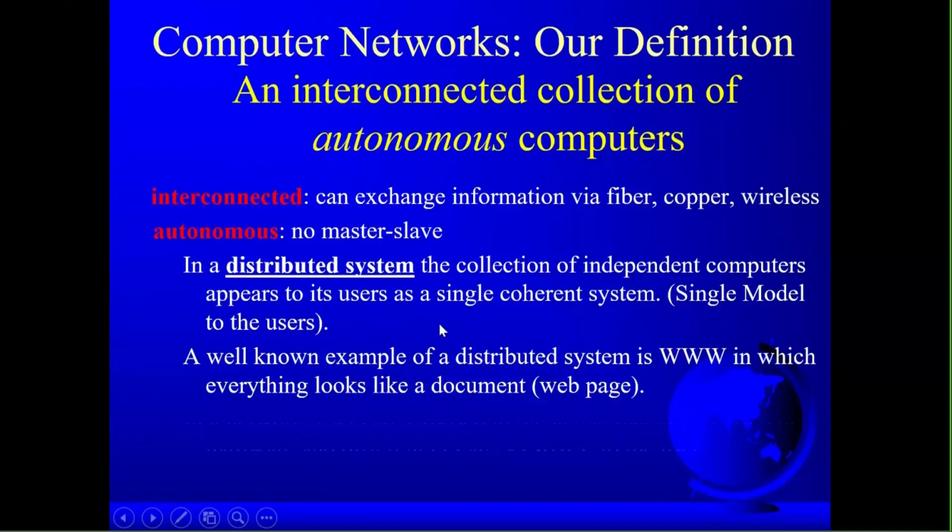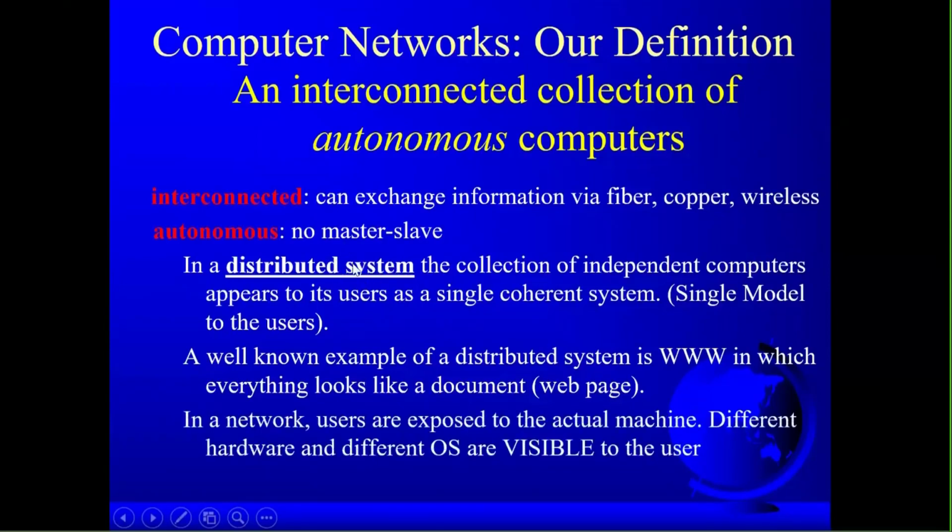A computer network, on the other hand, you have exposure to the actual machine. Everything is transparent and visible to you. So I could know exactly all the machines connected in a computer network. In a distributed system, everything appears as a single coherent system. And as I said, everything appears like a document.